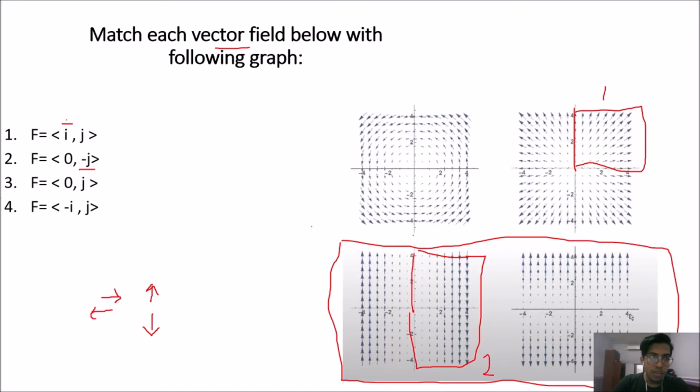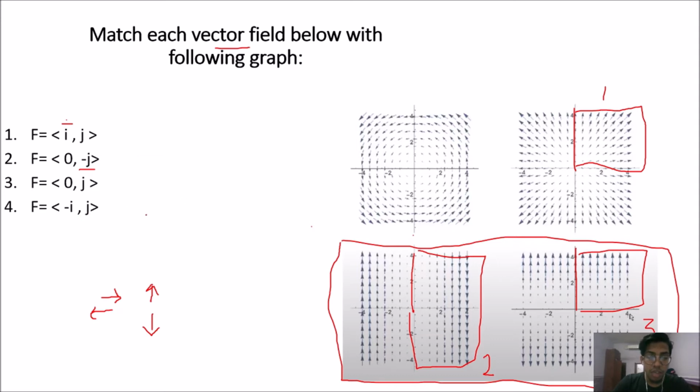And then for number 3, that is 0, j, it is still the same, where horizontally there is no movement, and vertically it is positive, so it will move up. So this one is number 3. And lastly we have number 4, that is negative i and j.